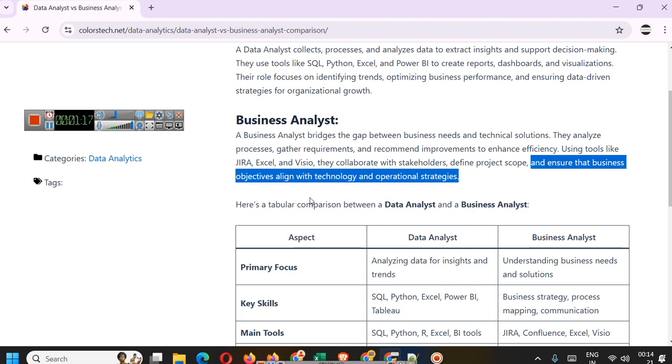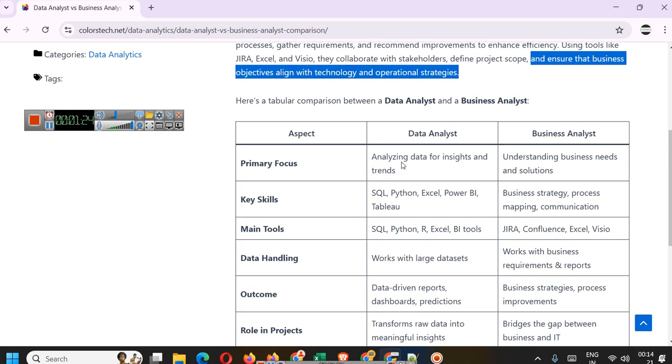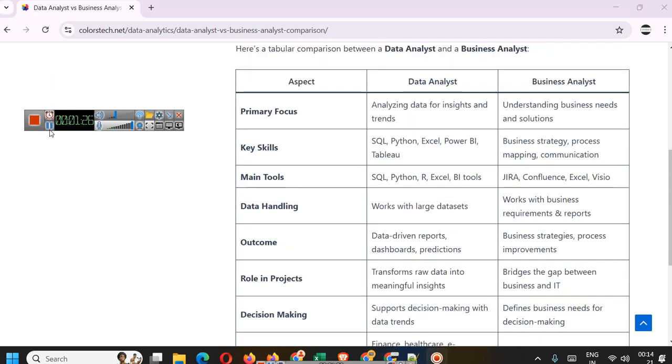Here is a tabular comparison between data analyst and business analyst, which will help you in understanding the role of these two profiles. So first aspect is primary focus. The primary focus of a data analyst is to analyze data for insights and trends, and of a business analyst is understanding business needs and solutions.